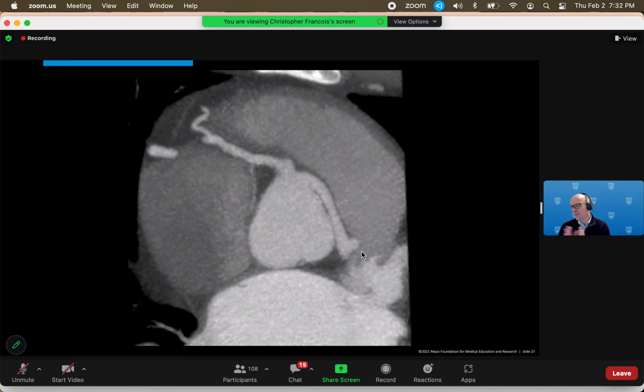But even if we don't see any severe compression of that left coronary artery, given the fact that it seems to be coursing very close to that aortic root, most people would consider this to be an intramural course within the wall of the aorta, and would require unroofing.